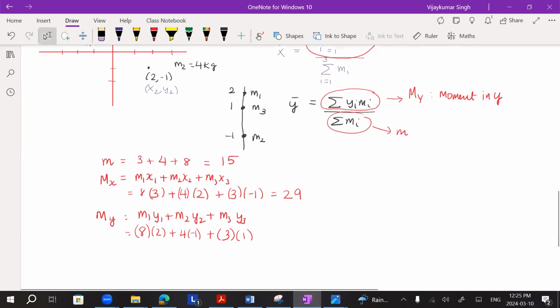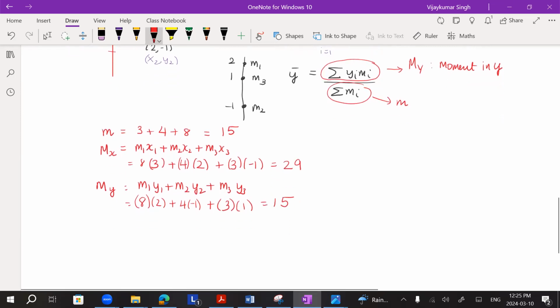And that's going to be 15. So we get x bar is mx by m, and y bar is my by m. This is 29 over 15, and the other one is 15 over 15, which is 1.